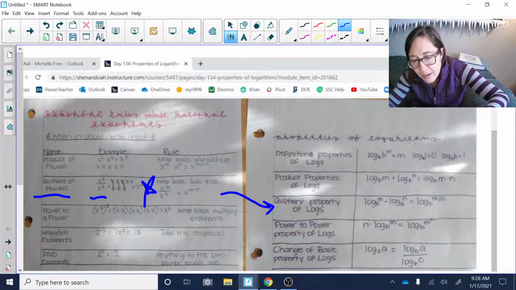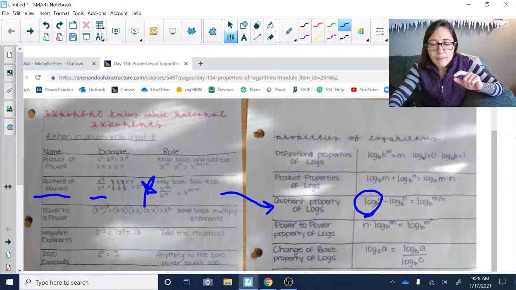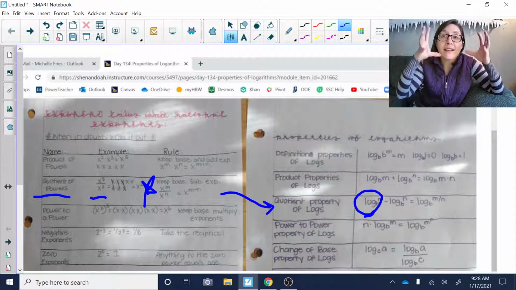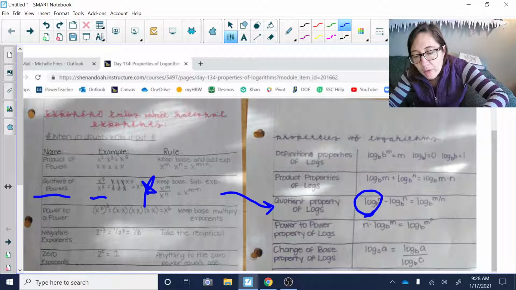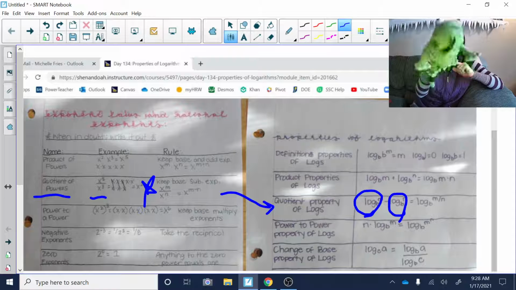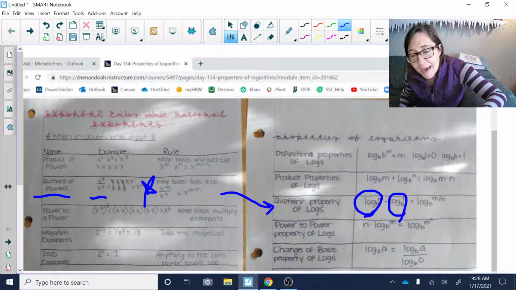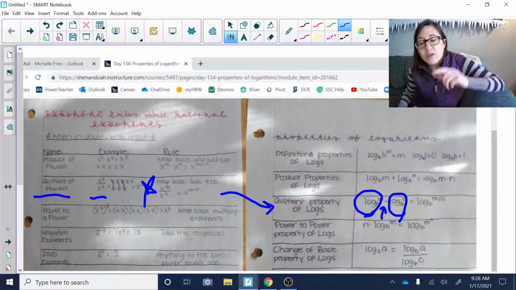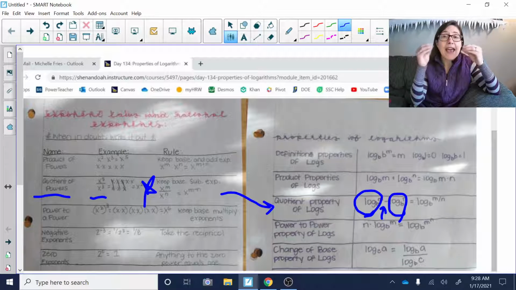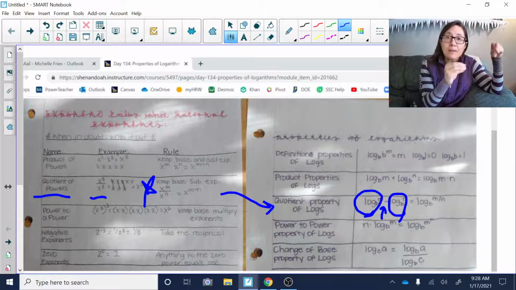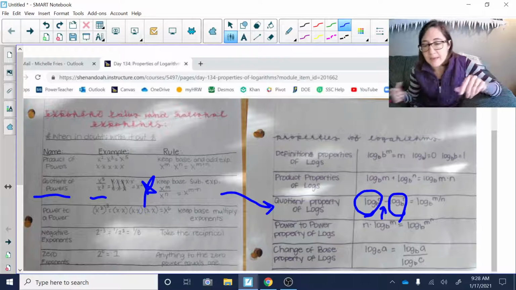So right here, that logarithm base b of m would be telling us an exponent. Logarithm base b of n would also be telling us an exponent, and we are subtracting those. So if we're subtracting exponents, it must be the quotient rule that's coming into play.